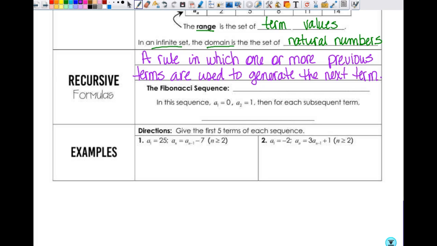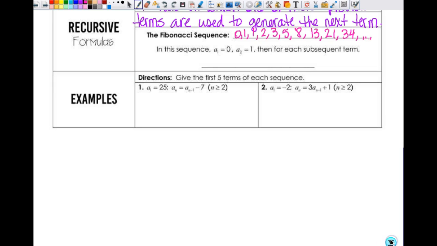So if we have what's called the Fibonacci sequence, it looks like this. 0, 1, 1, 2, 3, 5, 8, 13, 21, 34, and so forth and so on. So in this sequence, a sub 1 is 0 because that's the first term, right?